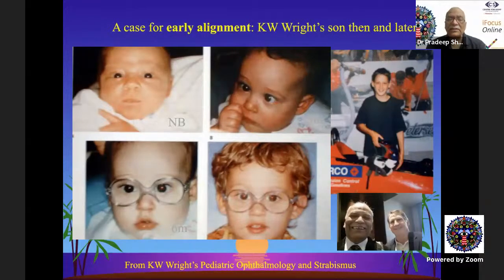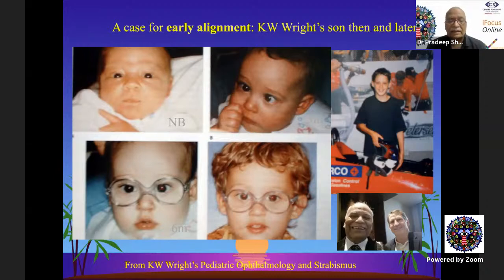And this case history of this child born straight when he was newborn and starts turning esotropic at around 3 months age, and then he's given proper correction glasses, and still in spite of the plus correction, he has a brighter reflex of Bruckner's in the left eye, indicating at 6 months an esotropia which is not getting corrected with glasses.